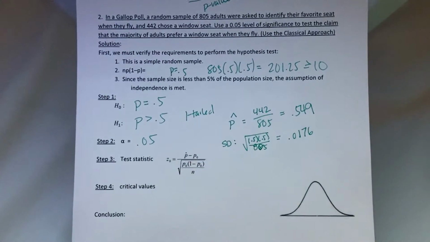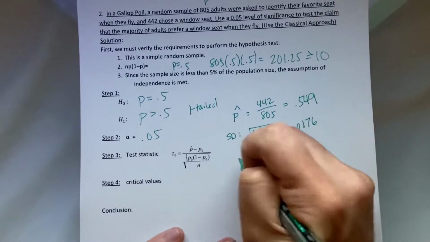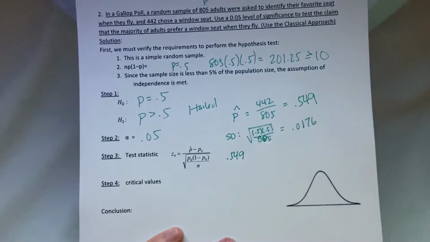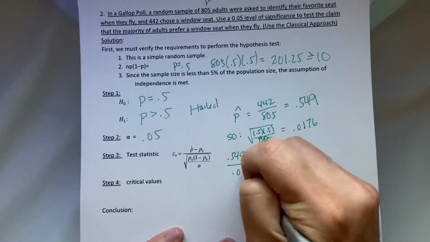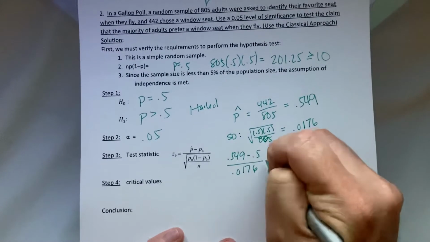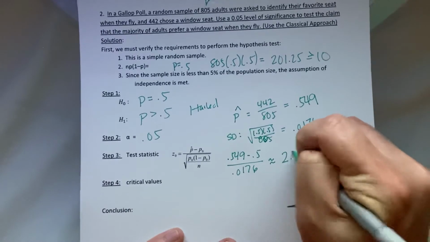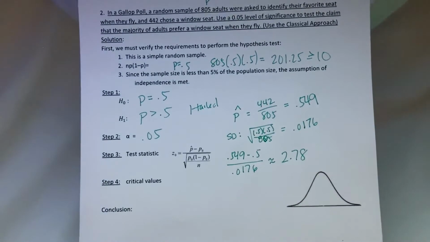Now, to compute my test statistic, I will take my data, 0.549, minus 0.5 over 0.0176, and that is approximately 2.78 is my z-score.